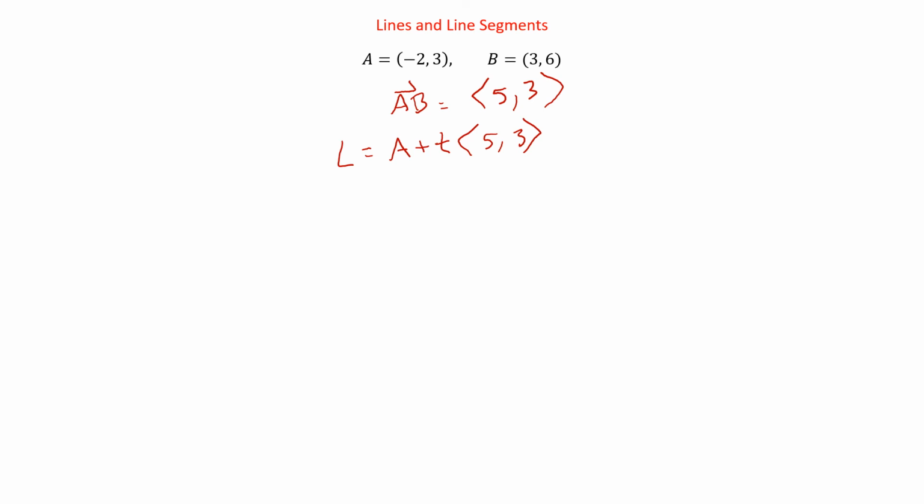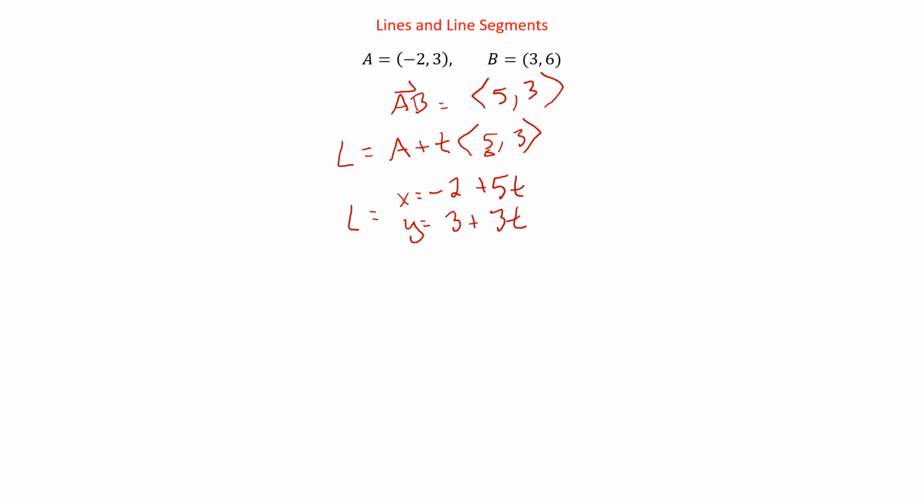We can split this out into the x and y coordinates. So x equals the x starting point, -2, plus the x slope, which is 5, so 5t. And y will be the y starting point, 3, plus the y slope, which was 3t.